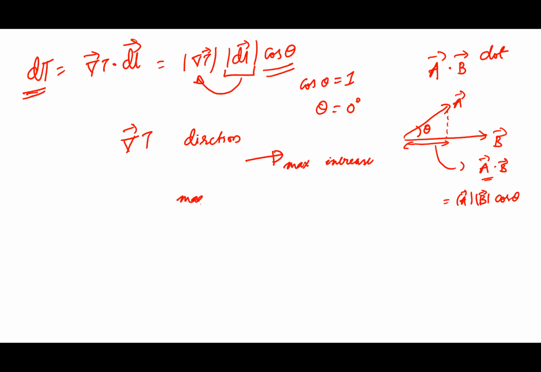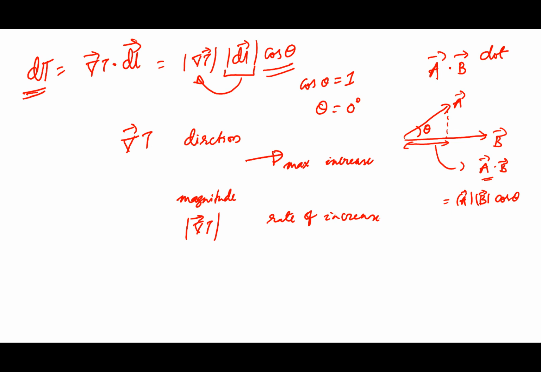And the magnitude of this gradient gives you the rate of increase, how much it is increasing, or like in the previous example, how the slope of the tangent is changing. So that's what the gradient vector is: its direction tells you the direction of maximum increase, and its magnitude tells you the rate of increase.